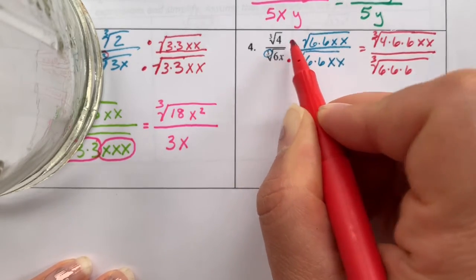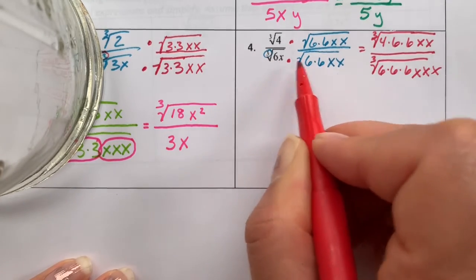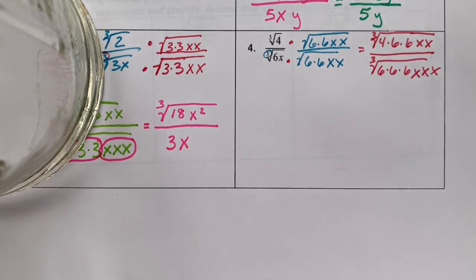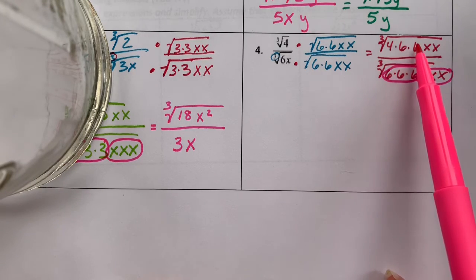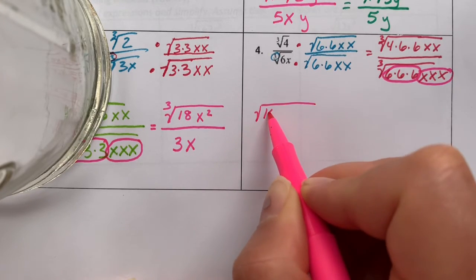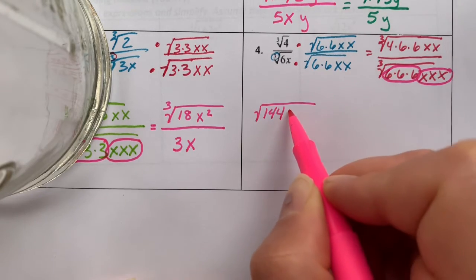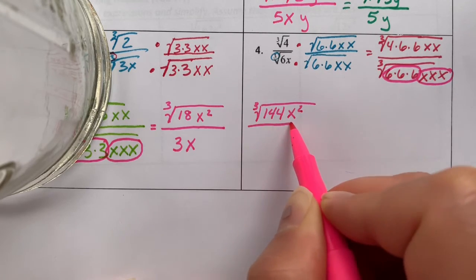Remember, this is being multiplied. And then I have 3 x's that are being multiplied. This x times these 2 x's. So 4 times 6 times 6 is 144. I'm going to put that as x squared, and this is the cube root.